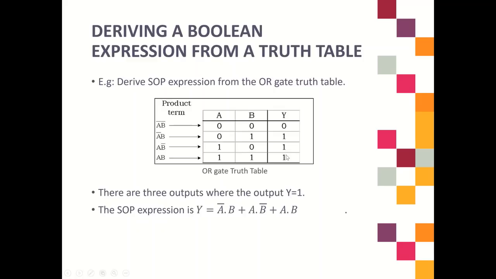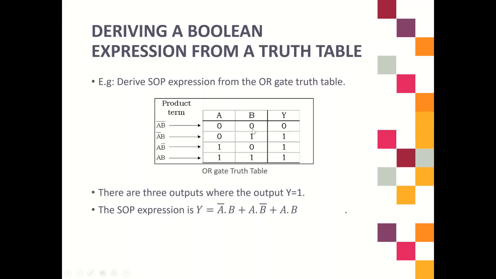As I mentioned before, for SOP, the key point is you need to determine how many outputs equal 1, because you need to sum all the product terms where the output equals 1.